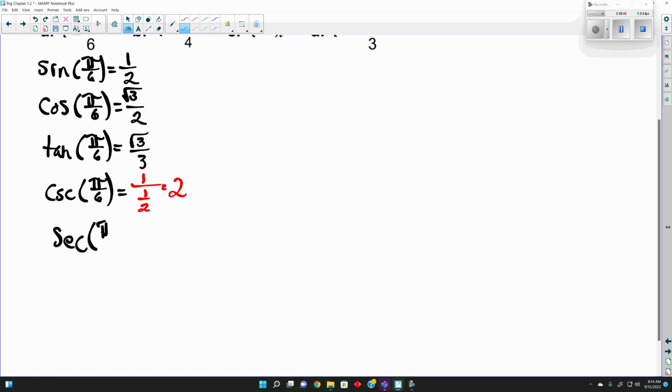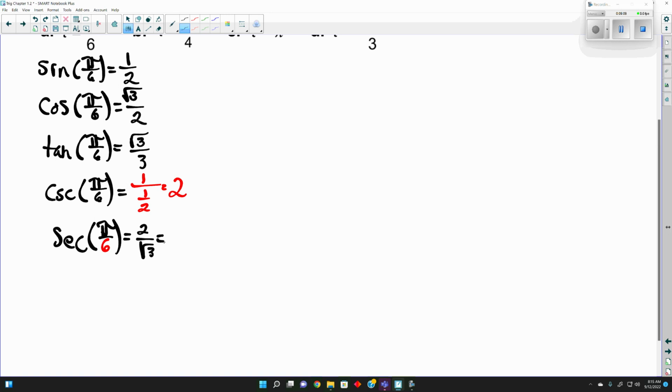Secant of pi over 6. So this time we're taking what? 1 over square root 3 over 2. We're flipping it. And really, if we flip it, it's just going to be 2 over the square root of 3. But we can't leave it in this form.